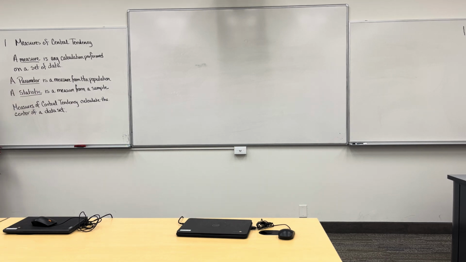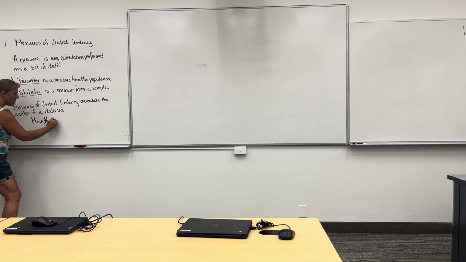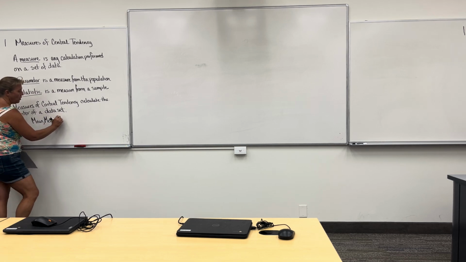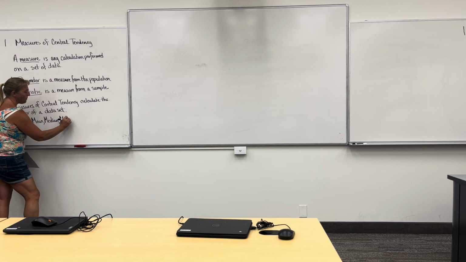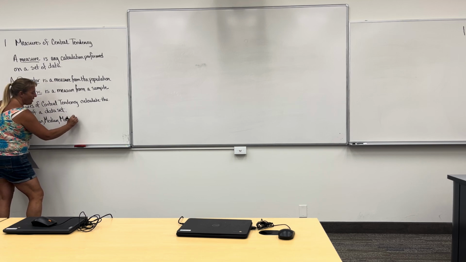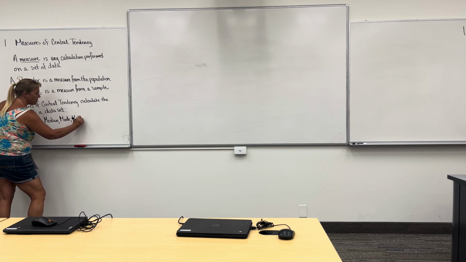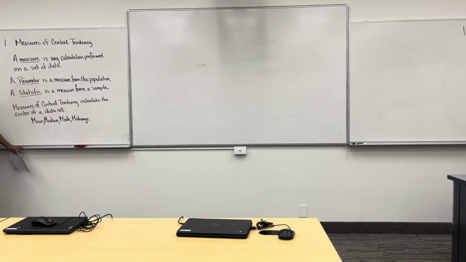And there are 4 different measures of central tendency. They all start with M, so that might be helpful, it might not be helpful. But we have the mean, the median, the mode, and the mid-range. Okay, mean, median, mode, and mid-range.